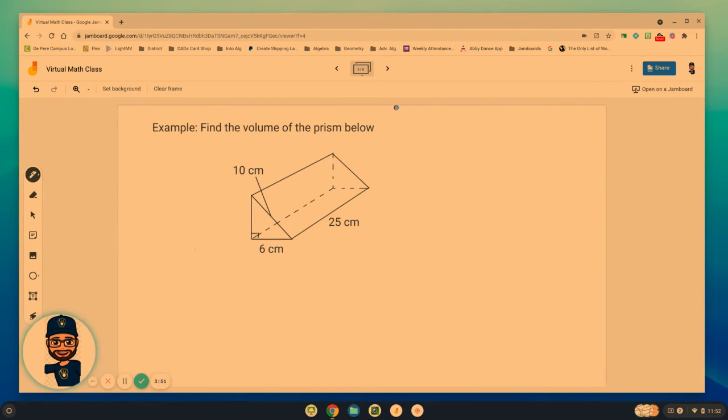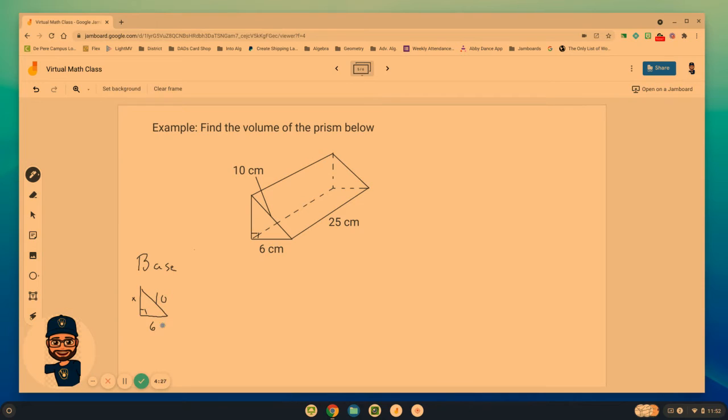Now, the next one is a triangular prism, meaning the base is a triangle. It shows the right angles here, and that this is 6 and this is 10. We've got one small problem for a triangle. The base and the height must meet at a right angle. So this is the height of the triangle right here, and I don't know it.